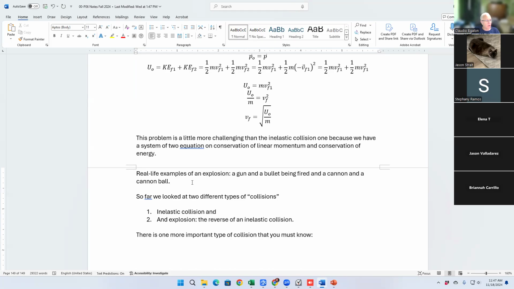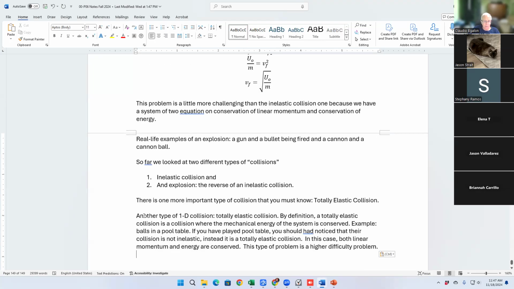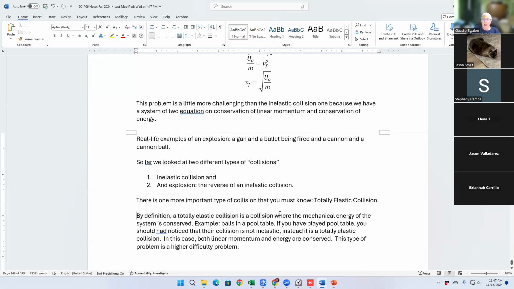This type of collision is called totally elastic collision. By definition, a totally elastic collision is a collision where the mechanical energy of the system is conserved. Okay, initial mechanical energy is equal to final mechanical energy.